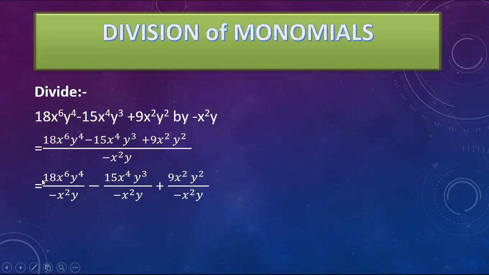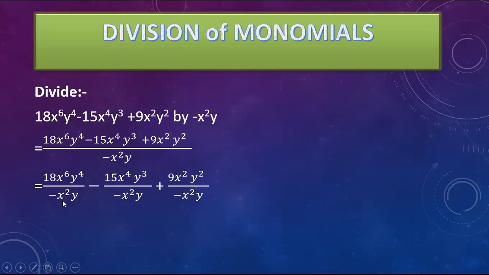Now students, step number 1 is we have to check the signs. Here there is no sign, that means there is a sign of plus. So plus minus, in the first term, plus minus is minus. So we get minus here. Now here there isn't any coefficient, so we get simply 18. And here you can see the power of x is 6 and the power of x is 2.